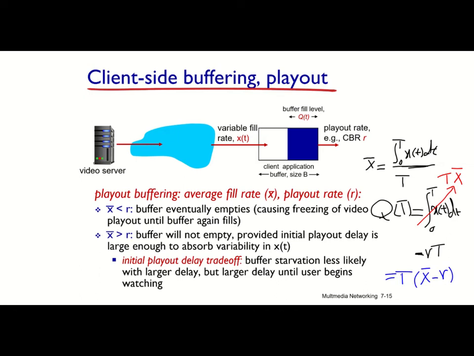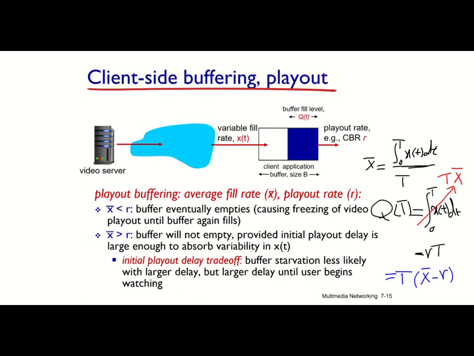So as you see in this formula, if x bar is less than r, then the number in the parentheses would be negative. Therefore, q of t becomes negative. Since the buffer fill level cannot be negative, that means the buffer will eventually be emptied out, and that causes freezing of video playout until the buffer fills again, and we can come back to the normal situation.